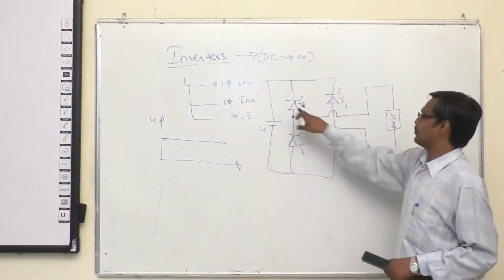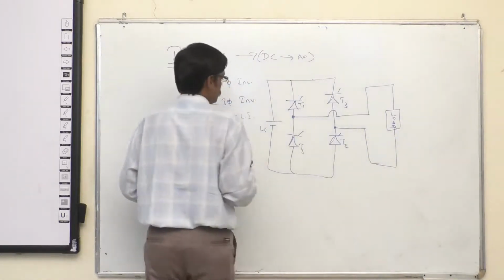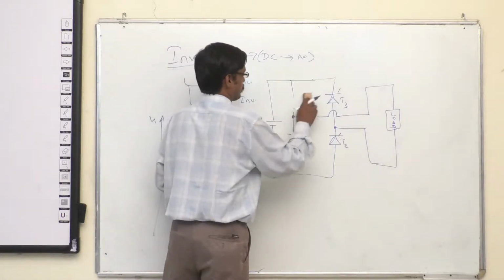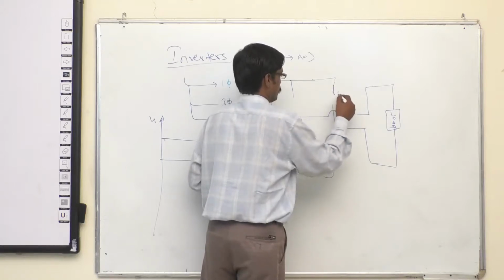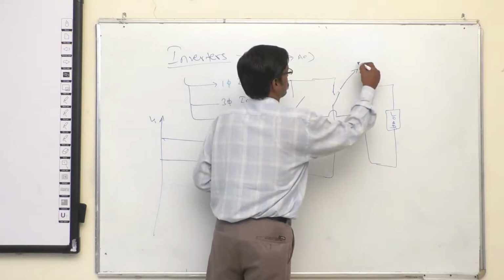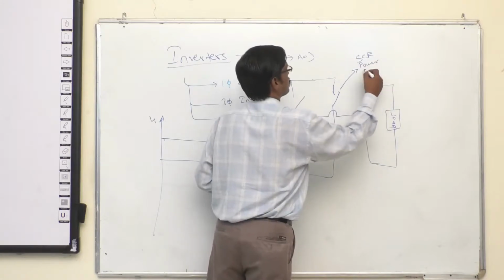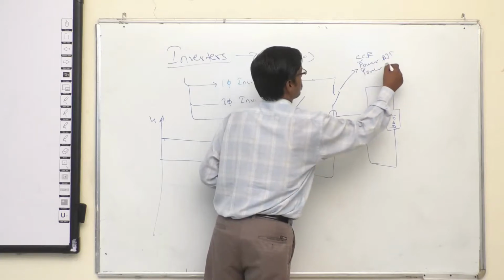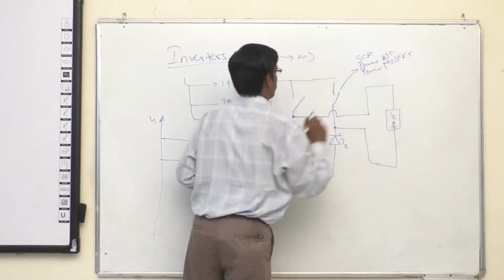Instead of the thyristor symbol, I will simply make it a simple switch. You may use any switch: SCR, power MOSFET, power BJT, or IGBT, whatever it may be.